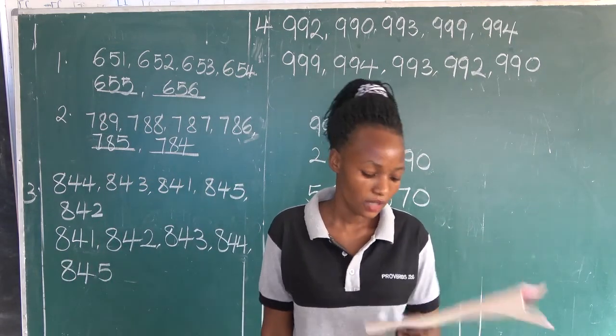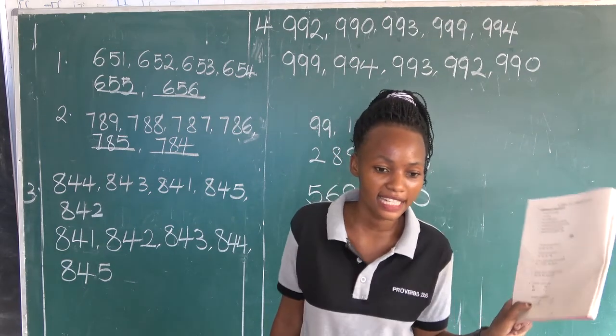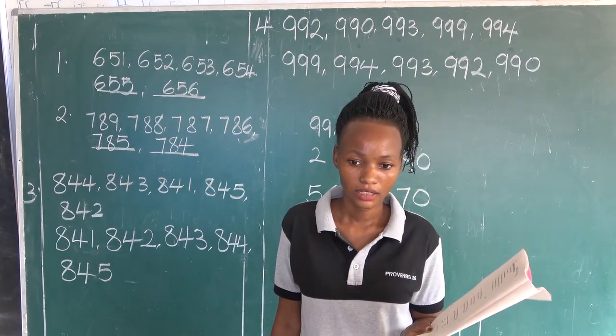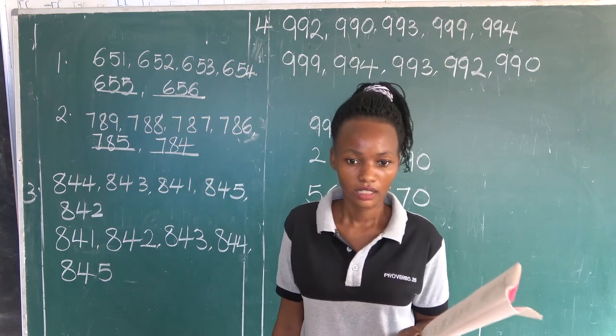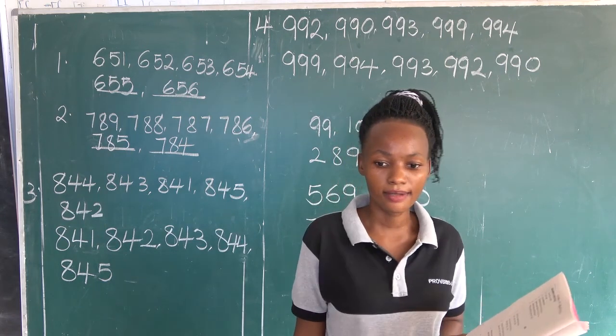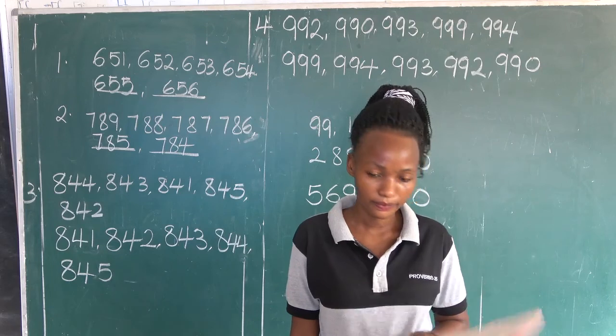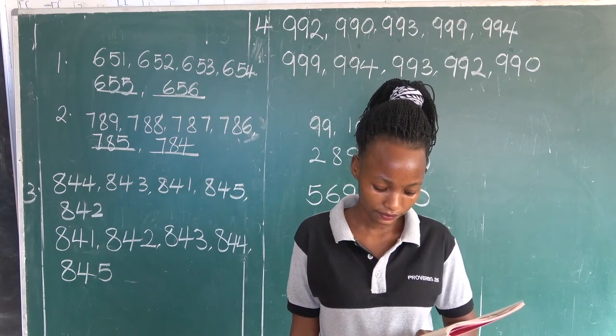Okay, which number comes before 649? Okay, Anna, tell me. 648.